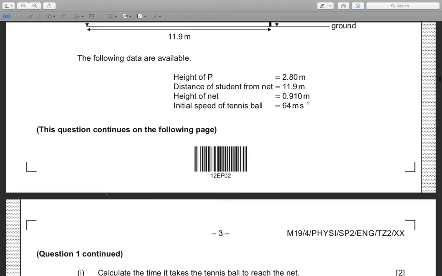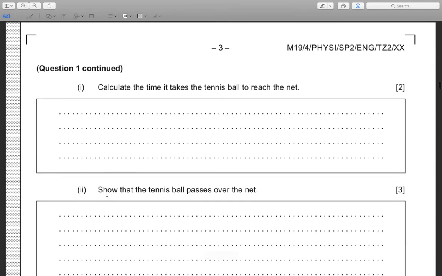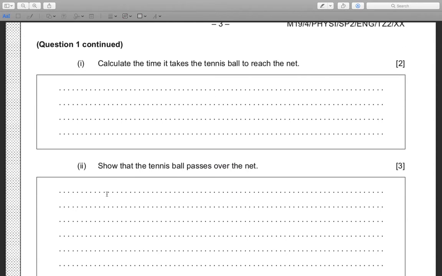The question is, calculate the time for the tennis ball to reach the net.